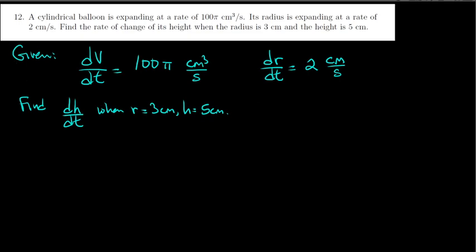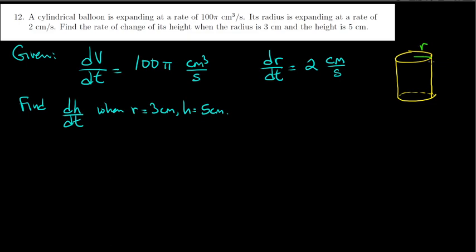So what's the relationship between the volume, the radius, and the height for a cylinder? Now keep in mind, this is a balloon in the shape of a cylinder. So the height is getting bigger, the radius is getting bigger, and so the volume is getting bigger. So it's an expanding cylinder.